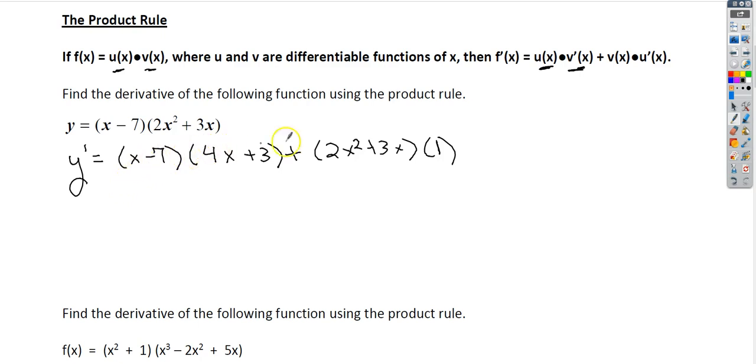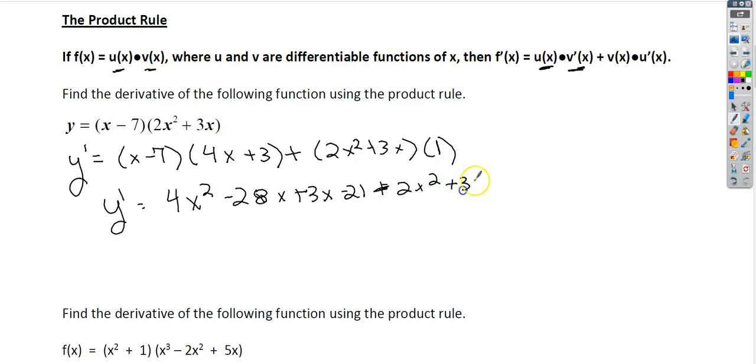And then multiply it out and combine it all together. So y prime equals this.